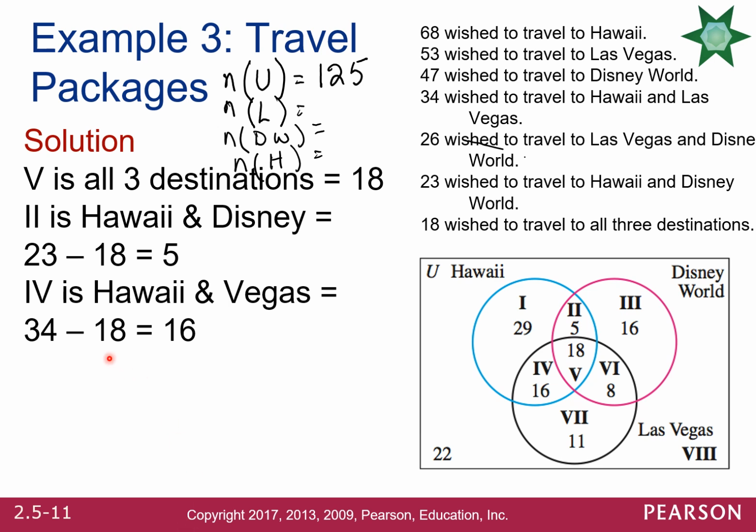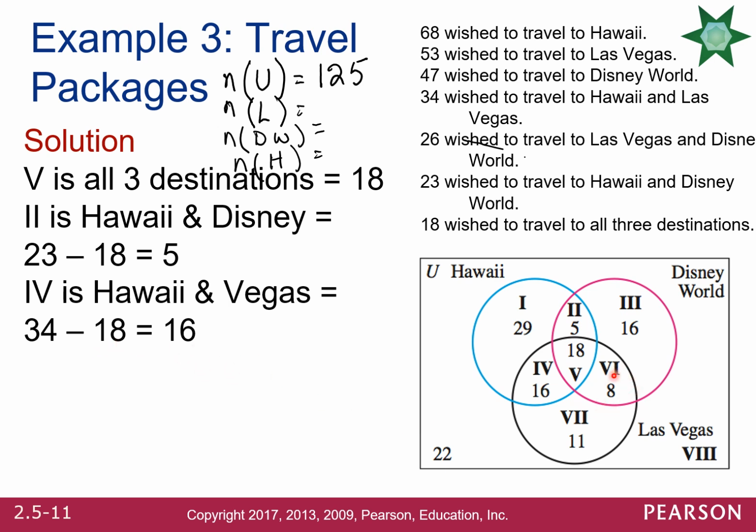It's 34 minus 18. Even though they say 34 wish to travel to Hawaii and Las Vegas, among these 34 there could be people who also wanted to go to Disney World, right? So we have to eliminate this 18 from the 34.